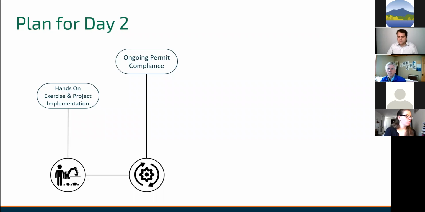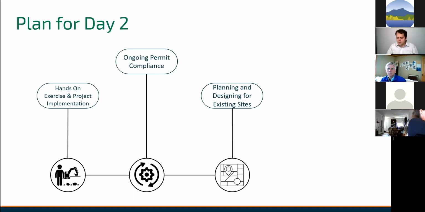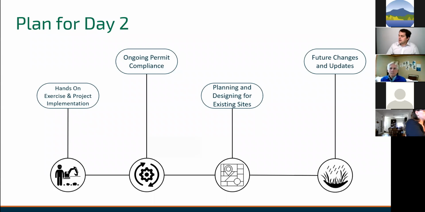So when you actually get your permit and the site's permitted, then what happens? And how do we keep these systems functioning in the long term, and also keep the state happy in terms of reporting back to them on the operation and maintenance issues. Planning and designing for existing sites, I'm going to go through that, and then we're going to end with some future changes and updates.